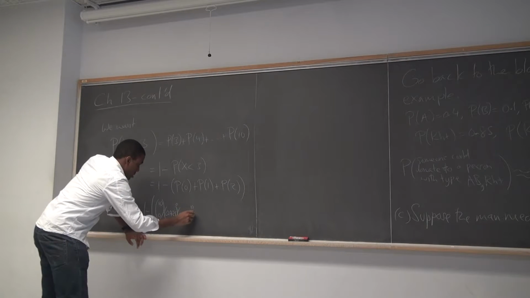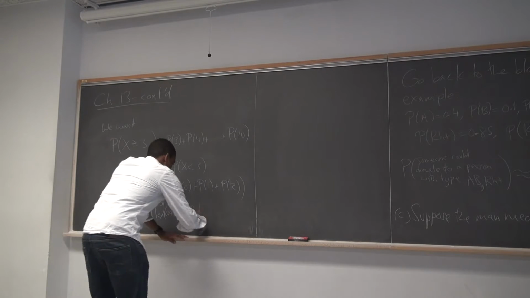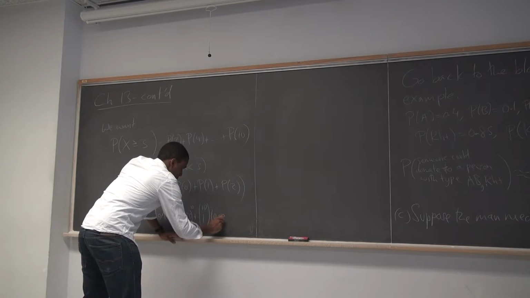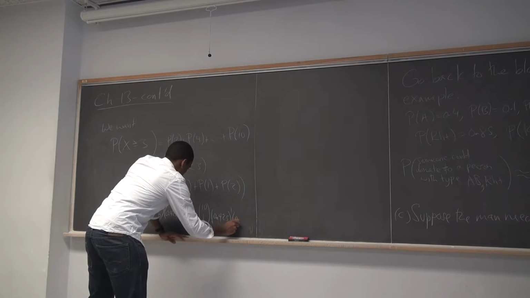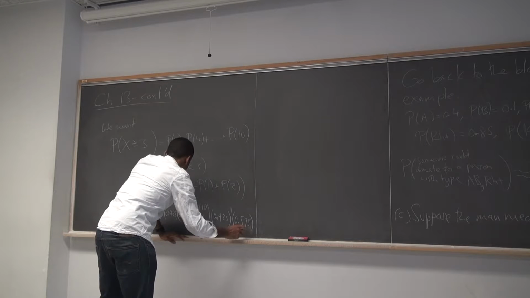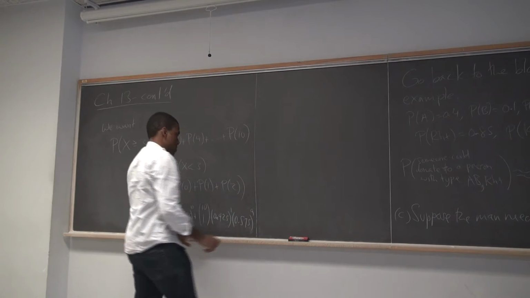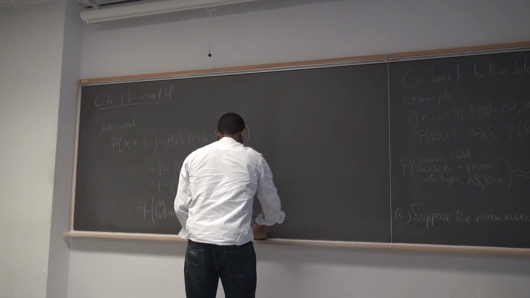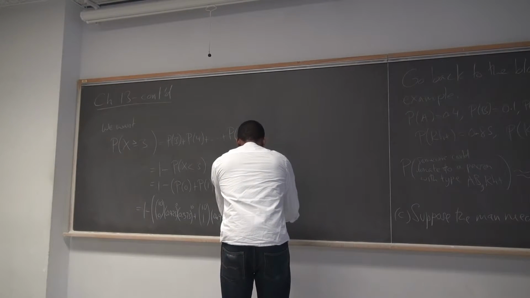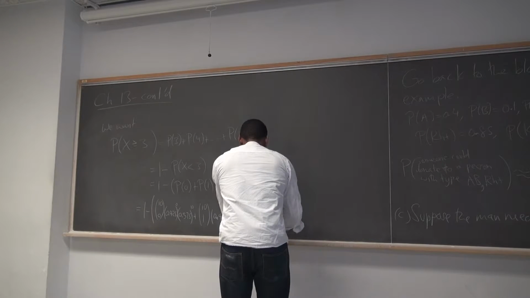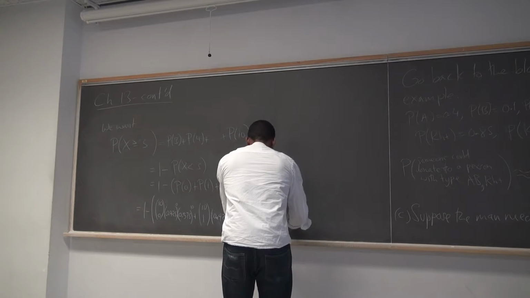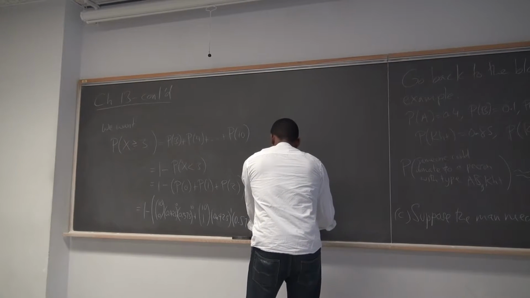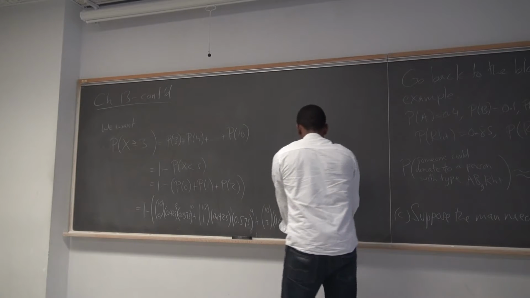To the 10, plus 10 choose 1, 0.425 to the 1, 0.575 to the 9, plus 10 choose 2, 0.425 to the 2, 0.575 to the 8.